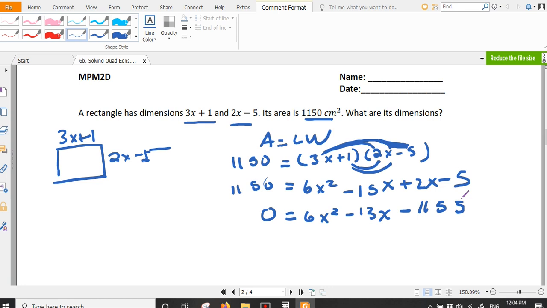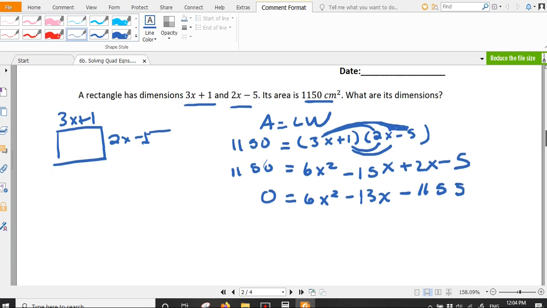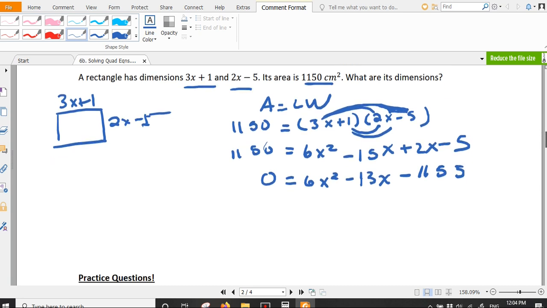So let's see if we could simplify them a little bit. And that will be negative 13. So 1150, 6x squared, and just double checking some numbers here.